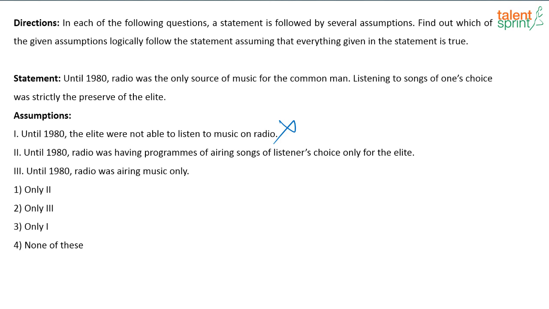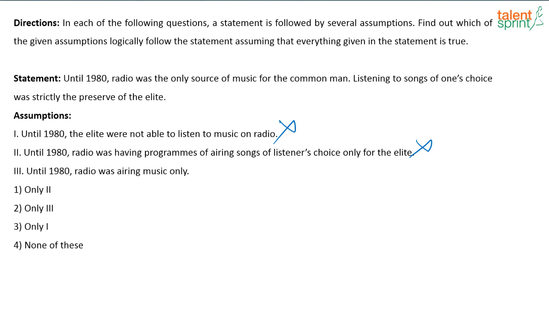That doesn't mean that the radio was airing programs of listeners' choice only for the elite. Only if something like that is mentioned in the statement does this assumption become correct, right? The only thing that is said in the statement is that the elite had the facility to listen to the songs that they like.